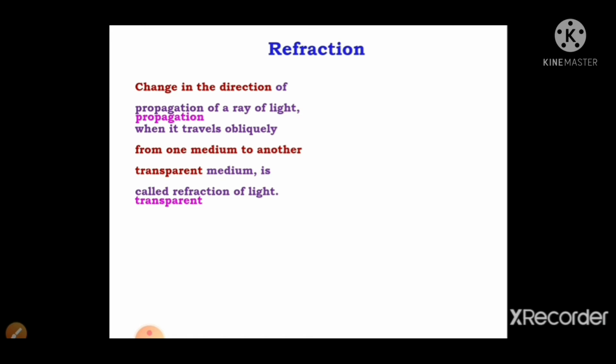So when light passes obliquely from one transparent medium to another, refraction takes place. See, for refraction to happen you need a transparent medium, correct?